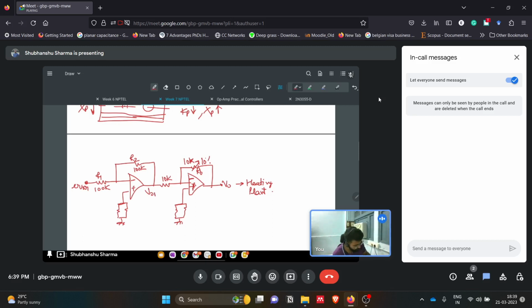It is very simple. Let's say we were giving 10 volts as the error. It will convert it into minus 10 volts because the gain of the first inverting amplifier is minus 1. Then it passes to the second op-amp, which acts as an attenuator, with a gain of 10K by 100K.